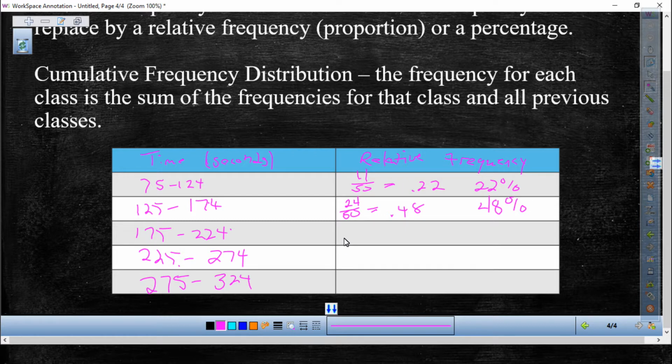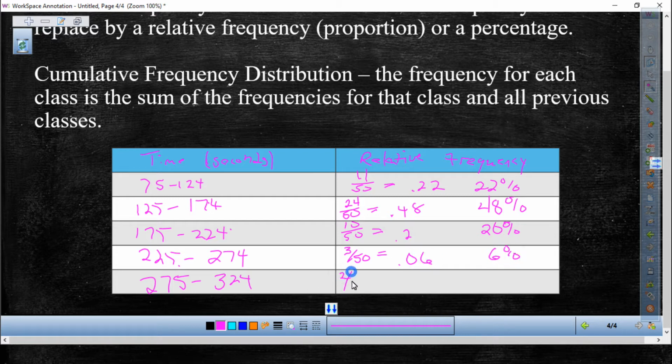And then we had 10 over 50. So 10 divided by 50 is 0.2, or 20%. And then it was 3 divided by 50. 3 divided by 50 is 0.06, or 6%.